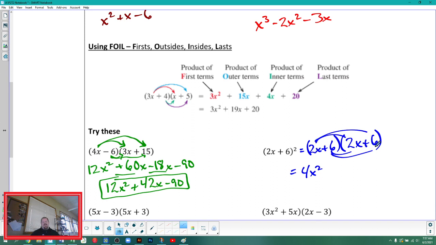Now I have 2x times 6, sorry, brain fart for a second. That's going to be 12x. 6 times 2x from the insides is another 12x, and 6 times 6 is 36. My like terms in the middle need to be combined. 4x squared plus 24x plus 36.